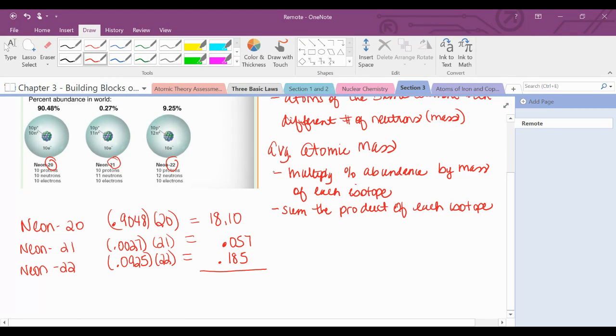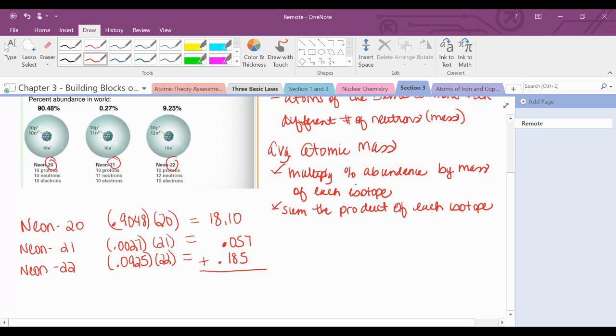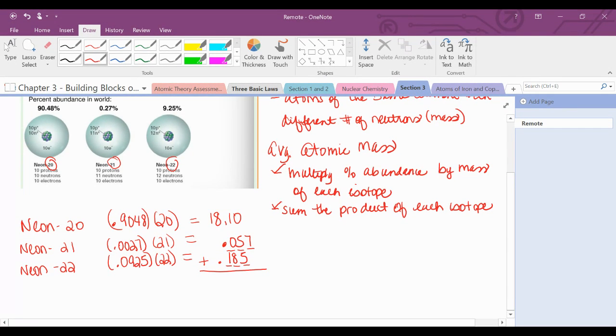All right, so we've done step number 1 here. We've multiplied these together. Now we're going to sum them together. So we're going to add those 3 products together. Now remember that here we're looking at decimal places when we add. Both neon 22 and neon 21 have 3, but neon 20 only has 2, which would be the least number of decimal places.